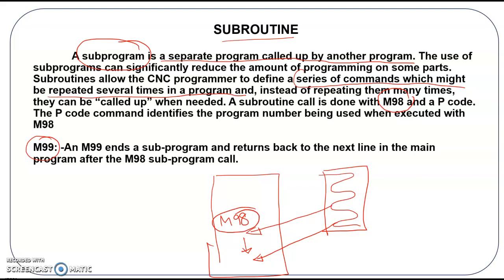The next code is M99, which will be at the end of the subprogram. Whenever M99 is reached, that means the subprogram ends here, and the command has to be redirected back to the main program. Whenever the subprogram is called, the command moves to the subprogram and it is executed. After reaching M99, it comes back to the main program.